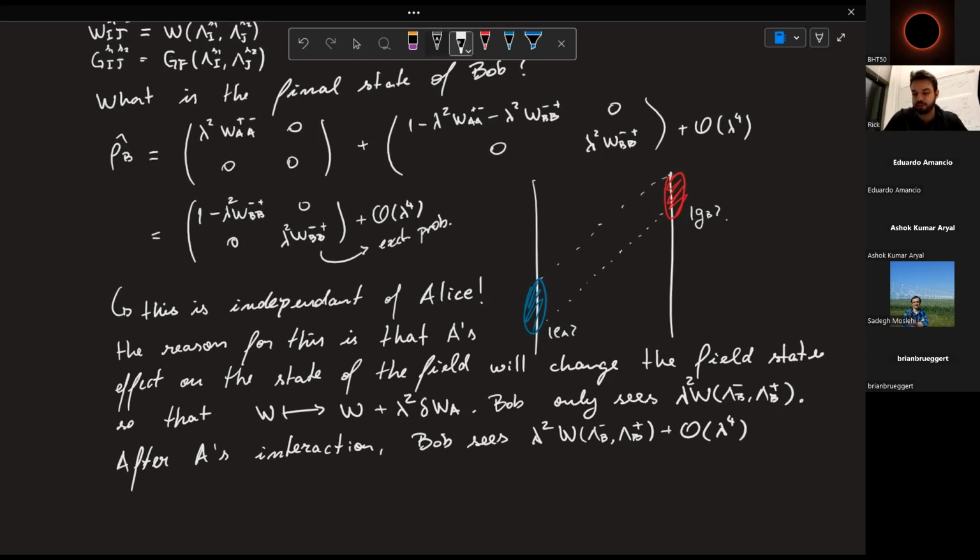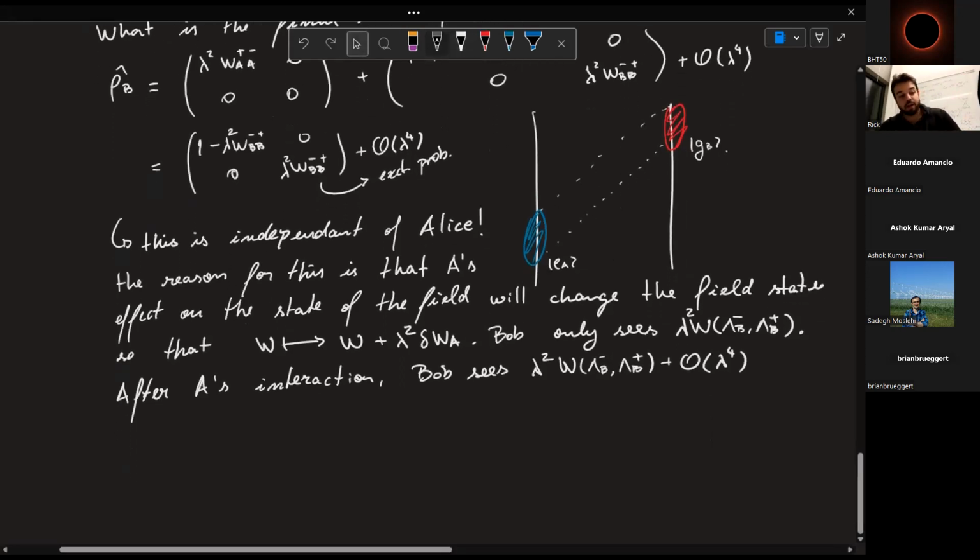Because whatever Alice does, we'll just add that lambda squared to this W that is already multiplied by lambda squared. So in the end, Bob will be unable to see any change in the field.